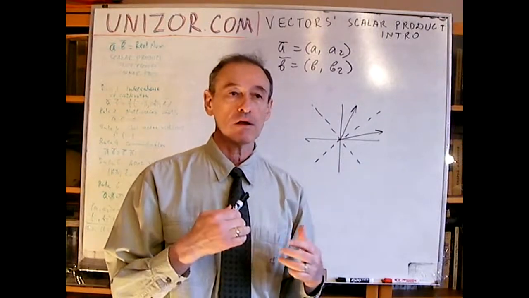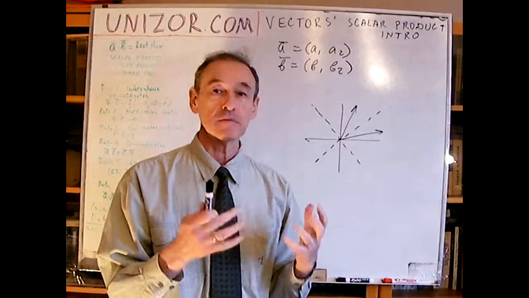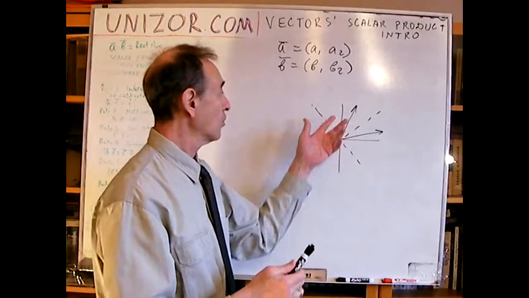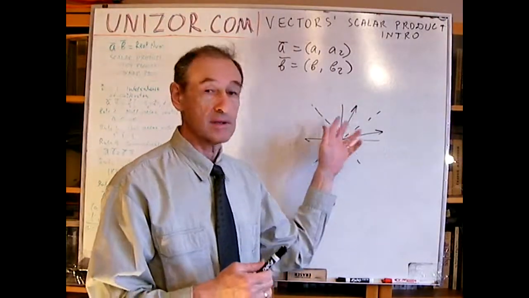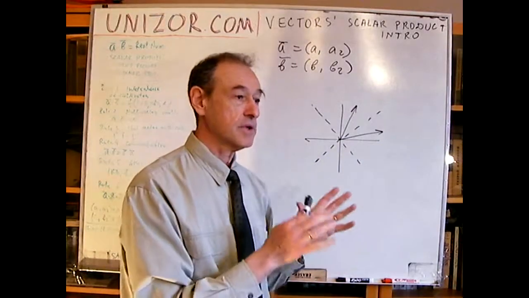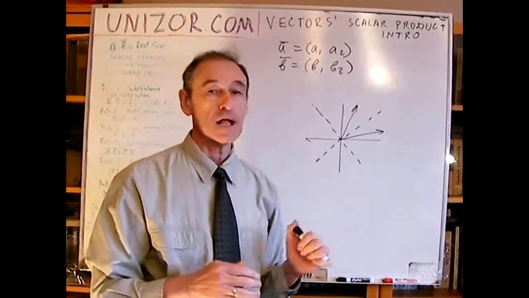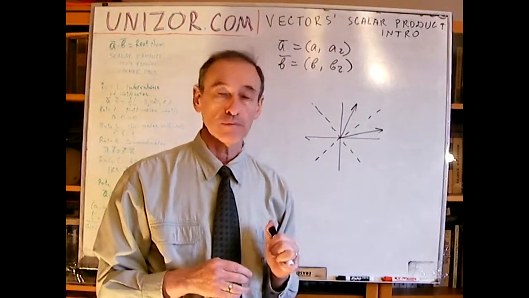So whatever transformation is done, which doesn't really change the fundamental properties of the vectors, which is their lengths and their relative direction, which is the angle between them, then the result of the scalar product should be the same.